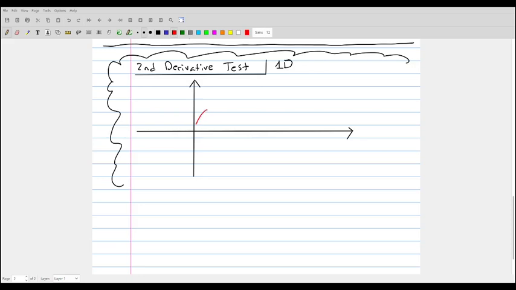So again, we'll consider some function of x, so y equals f of x. This specific function right here looks like it has two critical points, both of type 1, where the slope is 0.